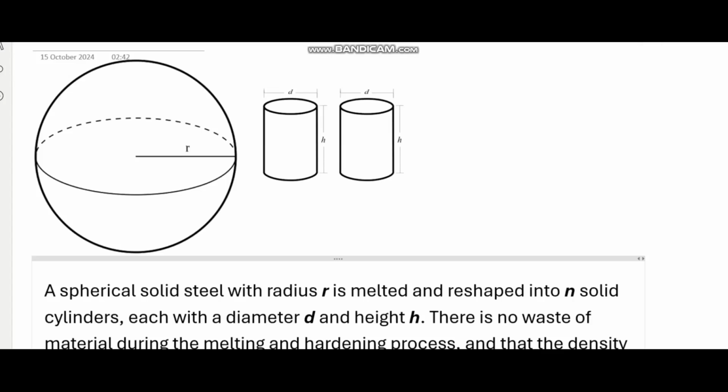Okay, a spherical solid steel with radius r is melted and reshaped into n number of cylinders, each with a diameter d and height h. There's no waste of material, the density hasn't changed.